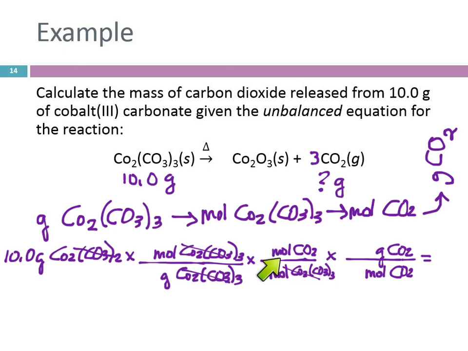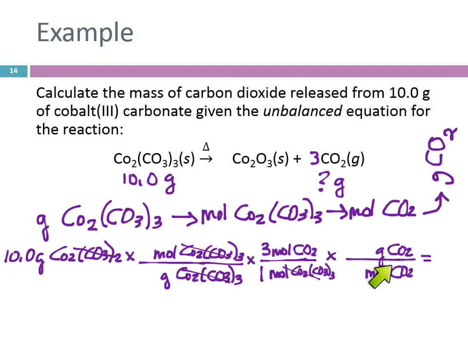The mole ratio is the easy part. Here's CO2, Co2(CO3)3. It has an implied 1. So I'm going to write the 1 in here. And what number goes right here? 3. Then we have to calculate 2 molar masses, right?